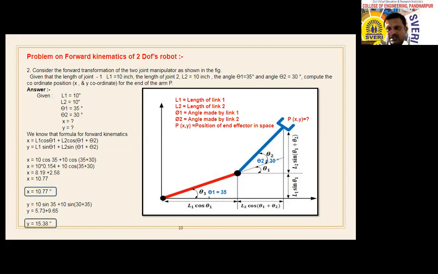Therefore, like this, we have to find out the values of x, y, and theta 1 and theta 2 for forward kinematics and inverse kinematics problems.